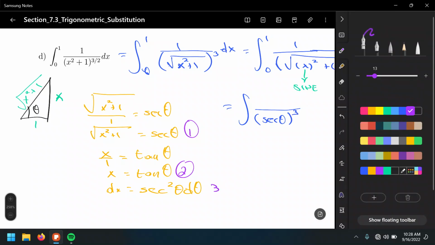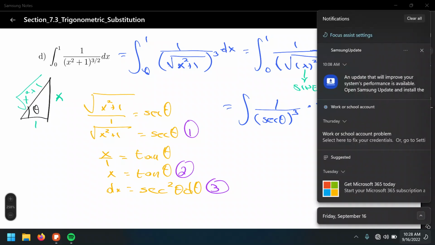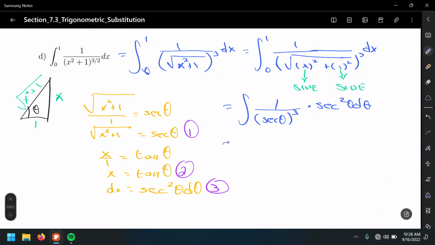Forgot to label this as our 3. That times 1 times the dx. The dx in this case is secant squared. So we have secant cubed in the denominator and secant squared in the numerator.